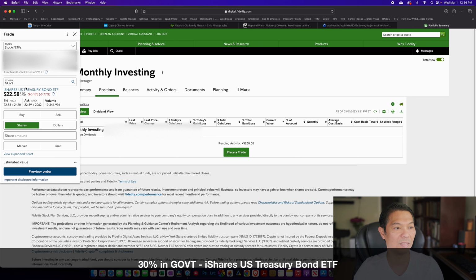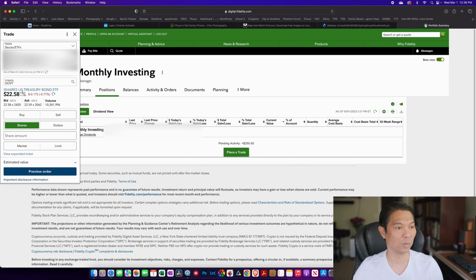The difference is that this is now across the broad duration spectrum, but it's still just U.S. Treasury bonds. So you're going to get some short term, some intermediate, some 10 years, some long term, all in there. So for this, we're going to do 30% as well. So that's another $75. So buy $75 market.